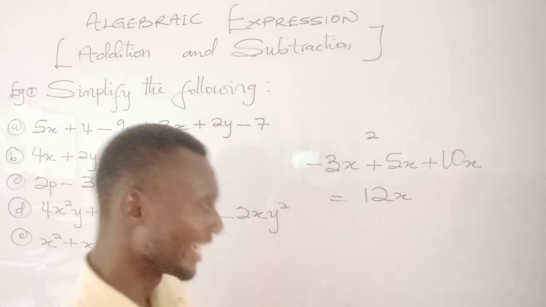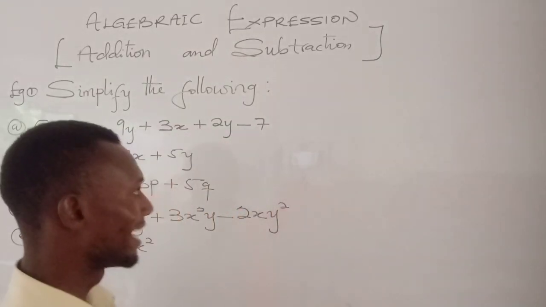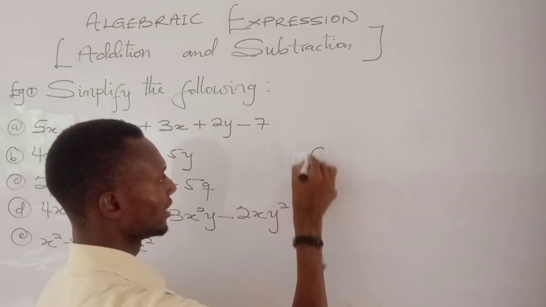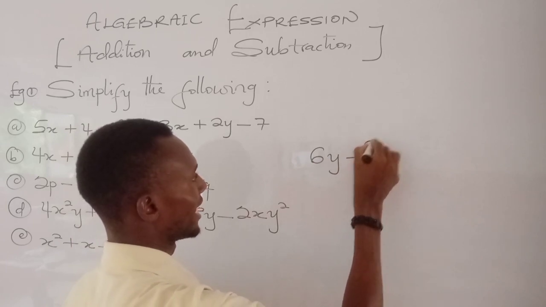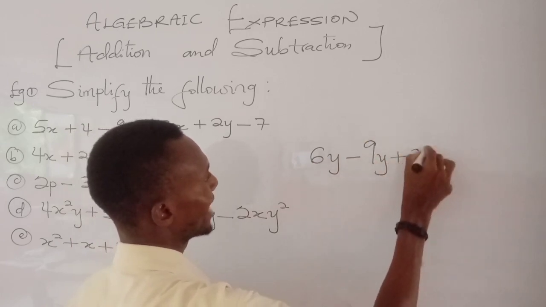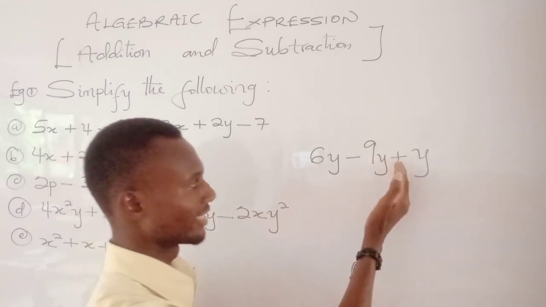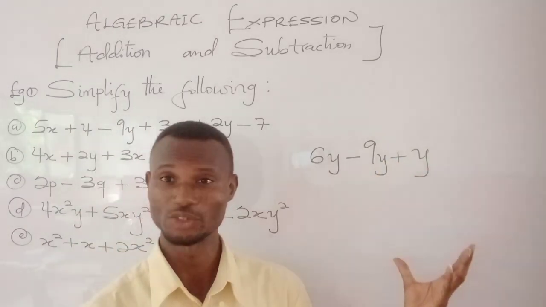Okay, good. Let me clean it and take some other examples. Let's say I have 6y minus 9y plus y. We have to simplify this one.